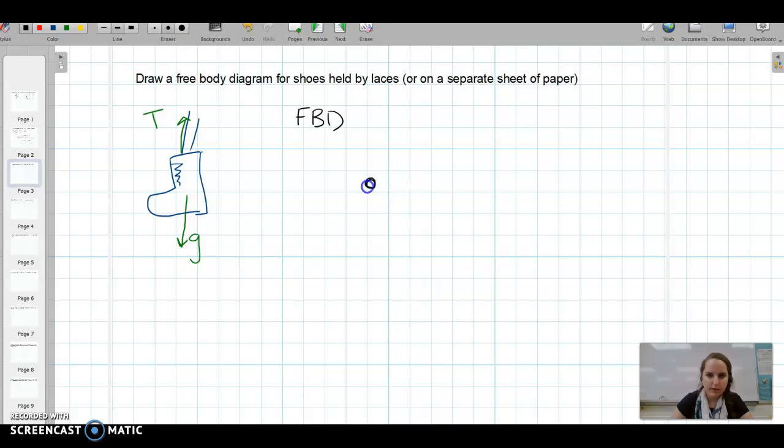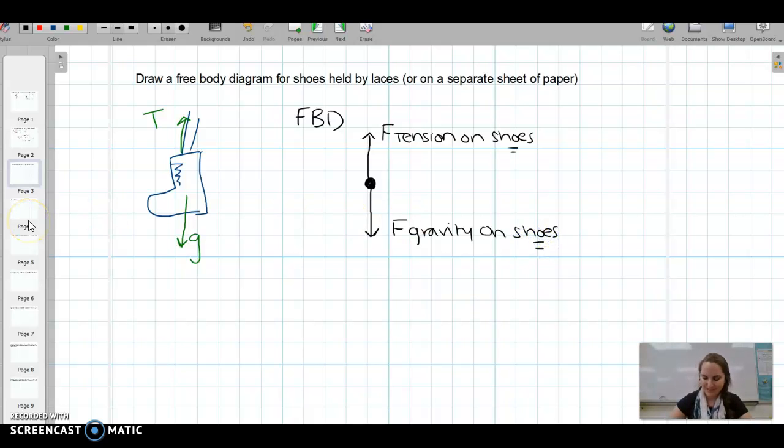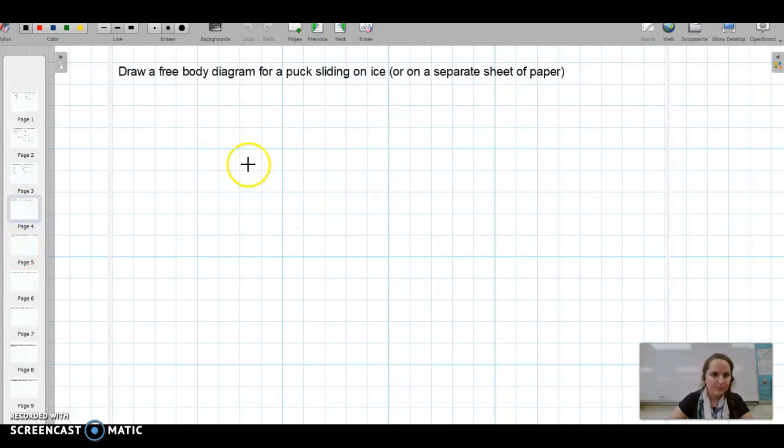So again, we start with that dot, which represents our object, which is the shoes in this case, and then we have the force of tension on the shoes, right? And then we have the force of gravity on the shoes. Awesome. Let's go on to the next one.